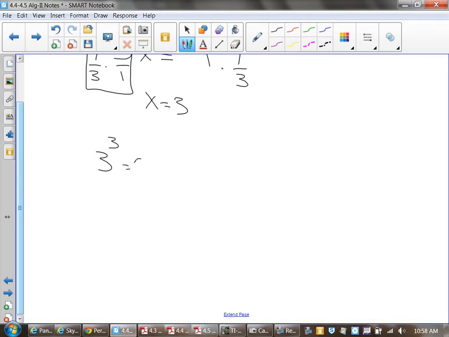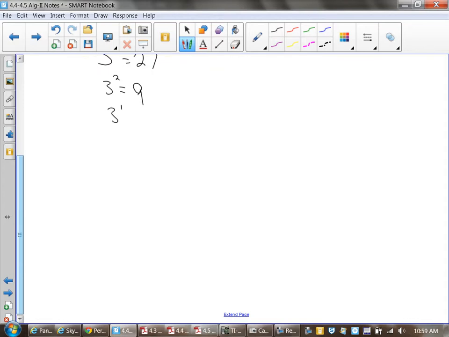Good. 3 squared, 9. 3 at the first power, 3. 3 to the 0. 3 to the negative 1 is 1/3. What happens here is that negative 1 power relates to an inverse.